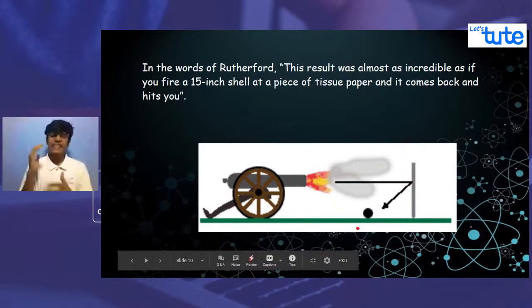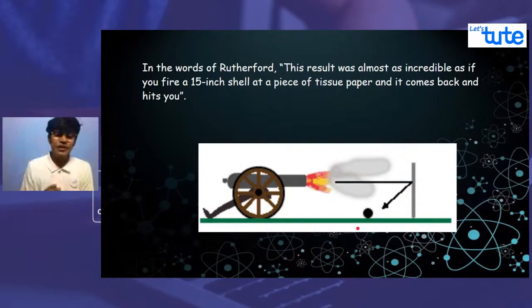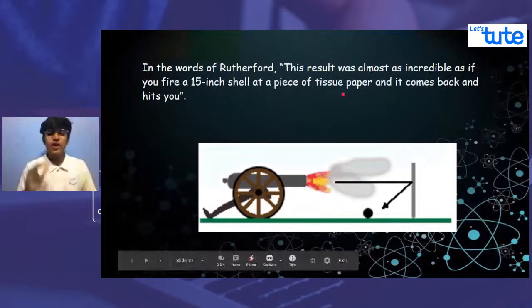That's impossible, right? Similarly, the alpha particles were really very heavy compared to the protons, so when one struck the protons, it didn't take the protons with itself, it rebounded back. So it was an incredible, almost insane kind of result.